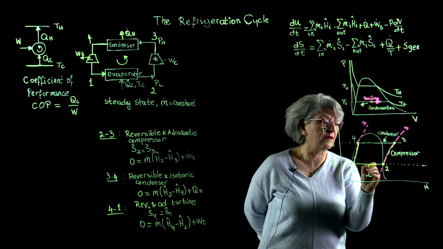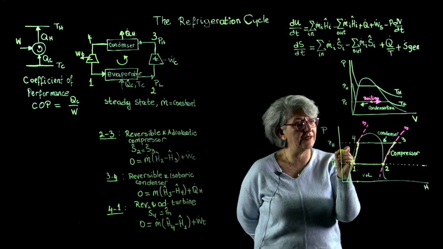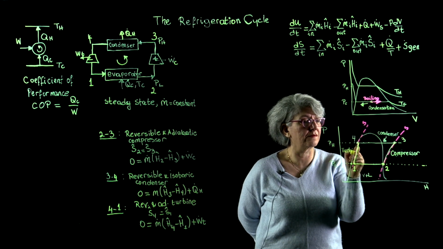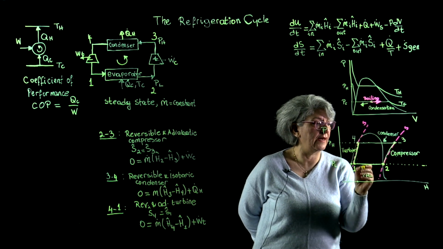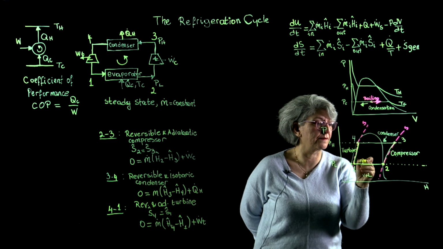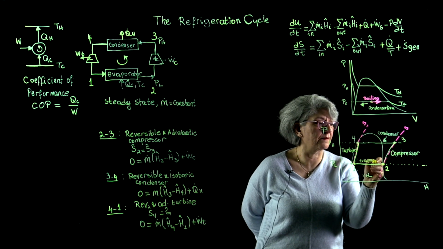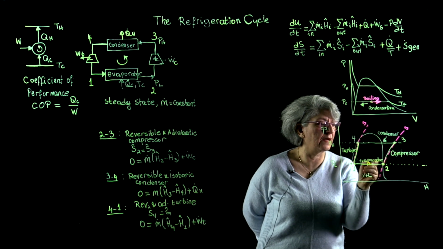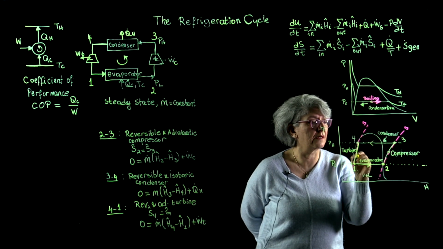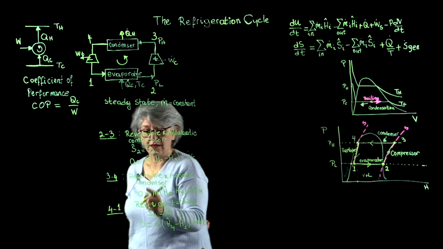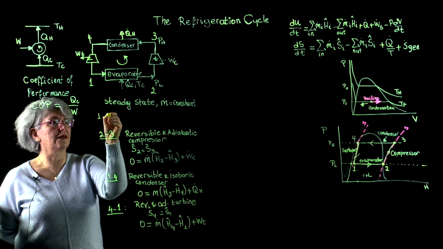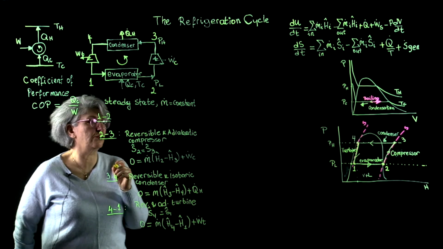between 1 and 2, here we have turbine. And this is our evaporator. Our arrows go like this. And now I'm going to use this space between points 1 and 2.